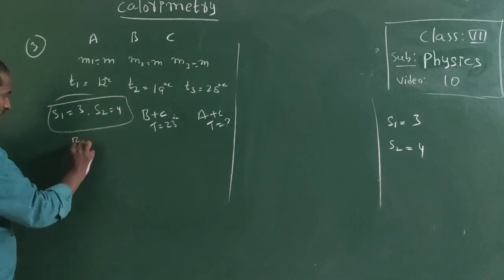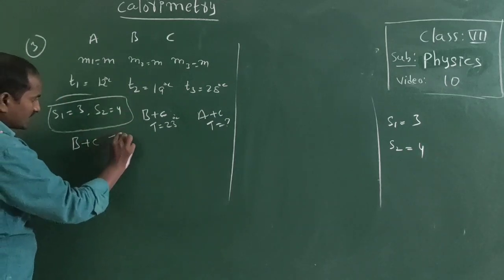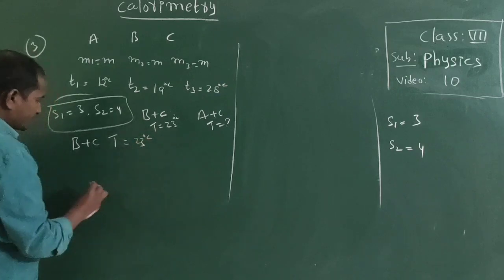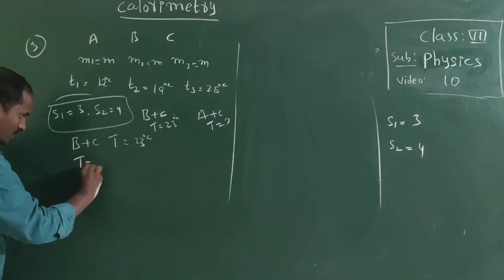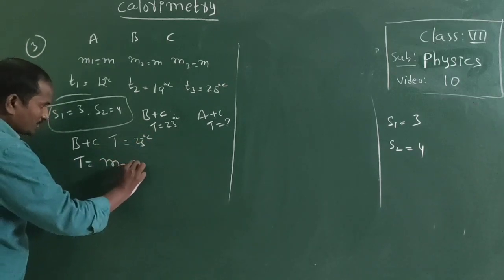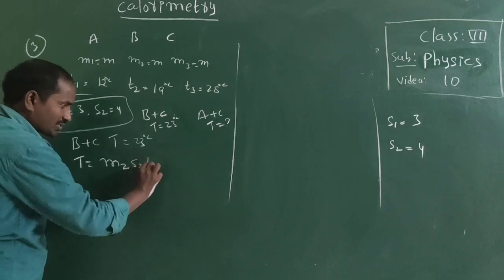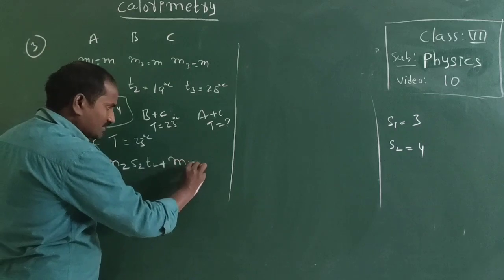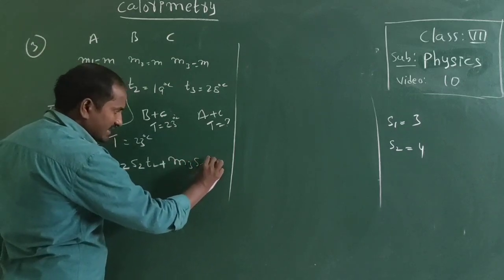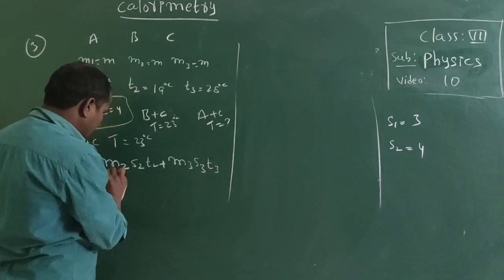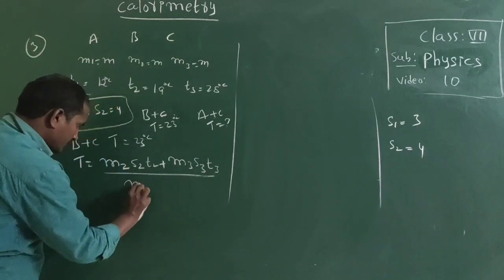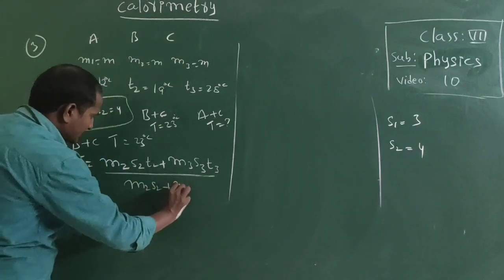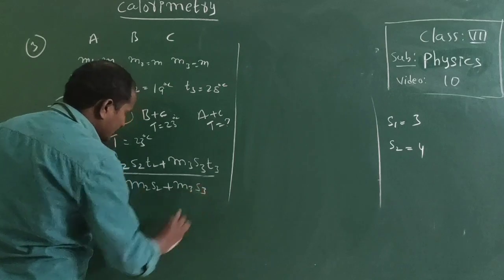Now B and C are mixed together, then T equal to 23 degrees Celsius. So T equal to B mass M2, specific heat S2 and temperature T2, plus C mass M3, specific heat S3 and temperature T3, by M2 S2 plus M3 S3.